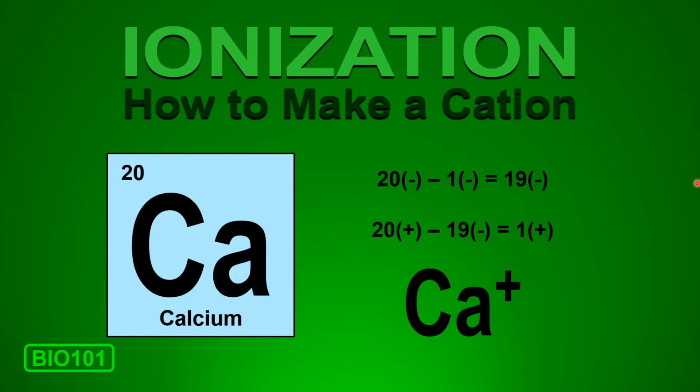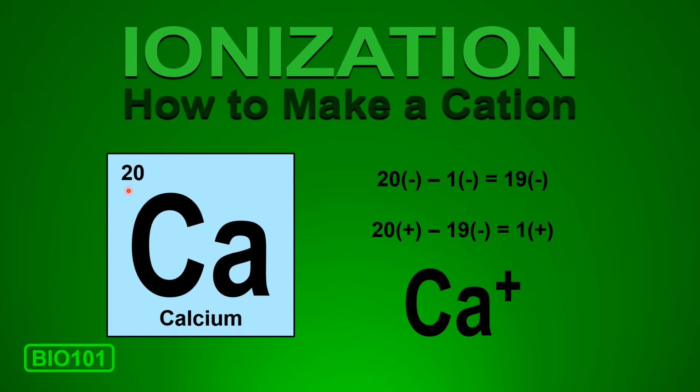Now, ionization is a process where we take a neutral atom and we turn it into a cation or an anion. We either make it more positive or more negative, and here's how that works. Here is calcium, the element calcium, with its atomic symbol here, capital C, lowercase a. The 20 up here represents what?